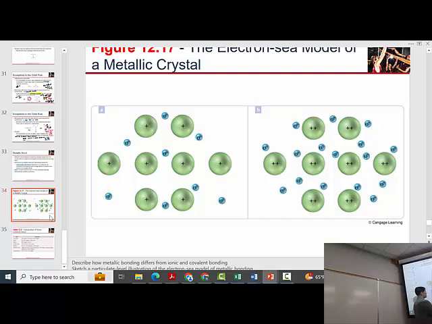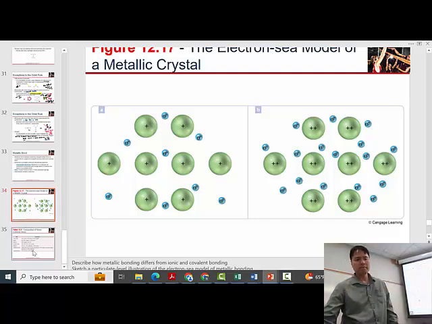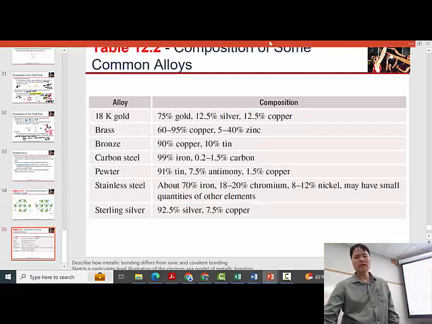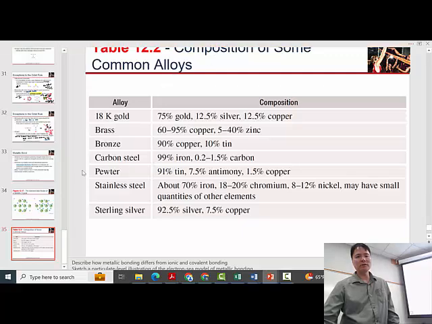If it's about the same size, then you have to take the place of one. And so we have different kinds of alloys. We have alloys that substitute for one of the existing atoms, and we have alloys that fit into these positions here, called interstices or holes. And so these are called interstitial alloys. But you don't have to worry about that. But I know that, like on the AP chemistry test, they talk about that kind of stuff a lot. Surprised me.